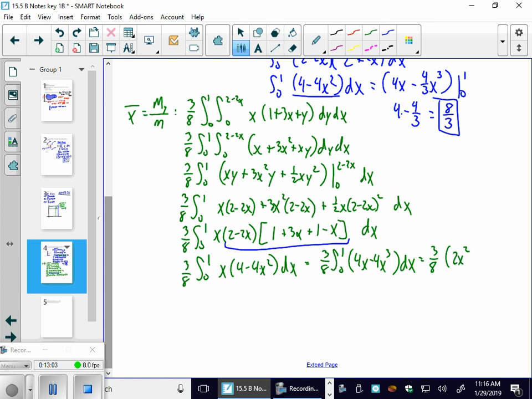The antiderivative of minus 4x cubed is minus x to the 4th, from 0 to 1. Plugging in a 1, I'm going to get 2 minus 1, which is 1. Plugging in 0, I get nothing. So really, we're going to get 3/8. Interesting that the mass is the same thing as the x-coordinate of the center of mass.